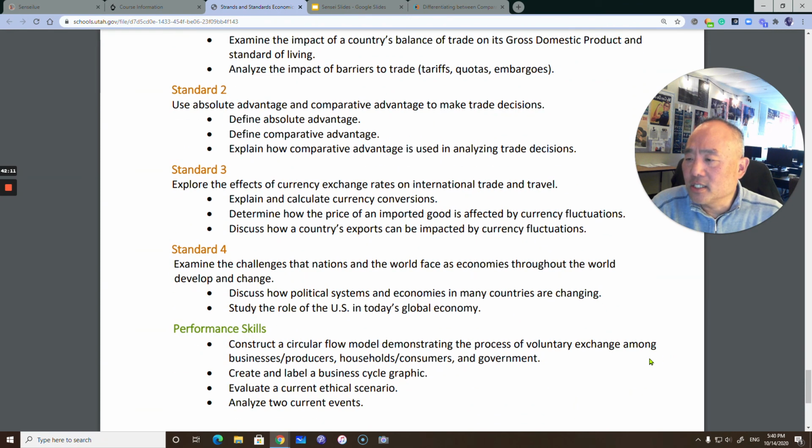Finally, discuss political systems and how the economies are changing things, the role of the United States in the global economy. The U.S. definitely participates in the global economy. Some can argue that because of our interactions with other countries through global trade, we reduce the likelihood of war. And I think there's a debate about that either way. As far as the U.S., we do definitely want to have our say, just like China and Russia want to have their say.